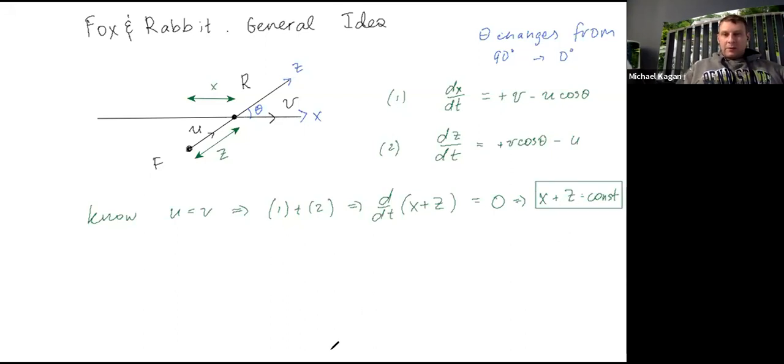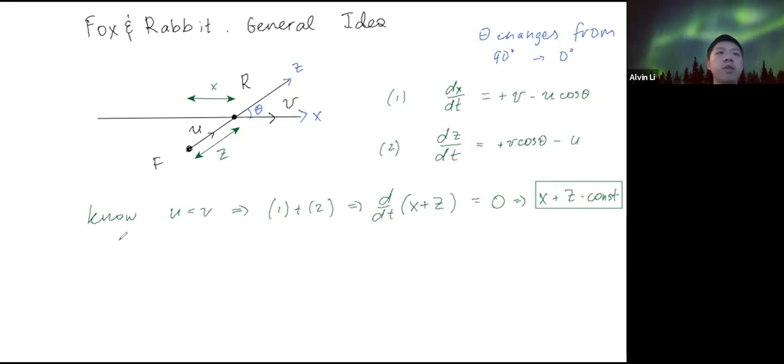How does it help, folks? Then because we know that x starts off at 0 and z starts off at d, their sum just stays the same, so it's just d.